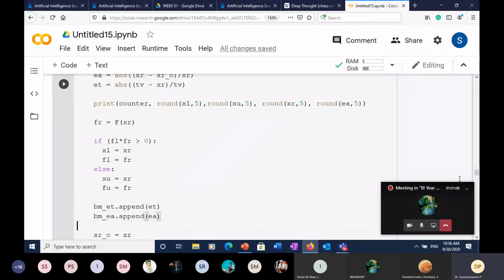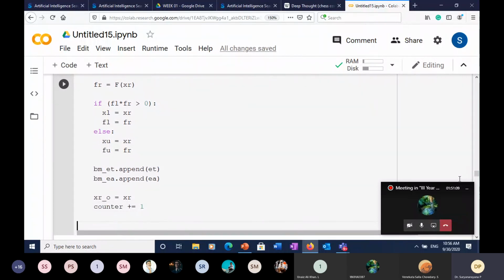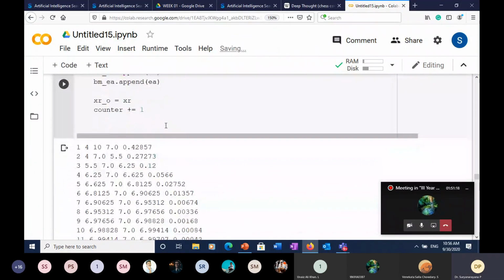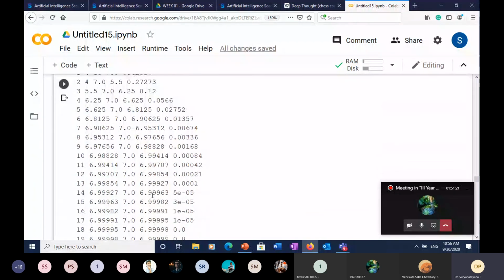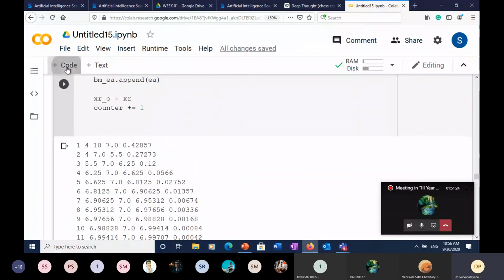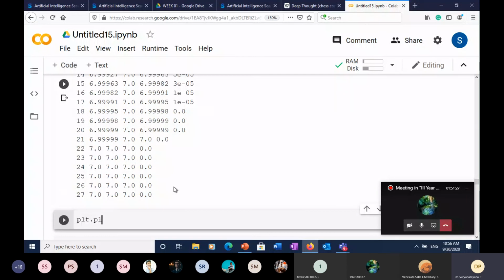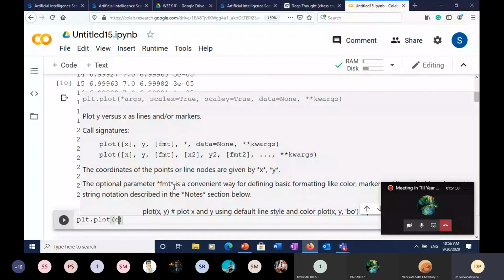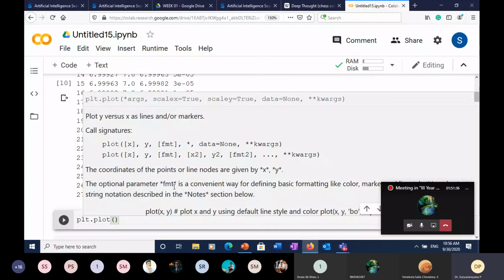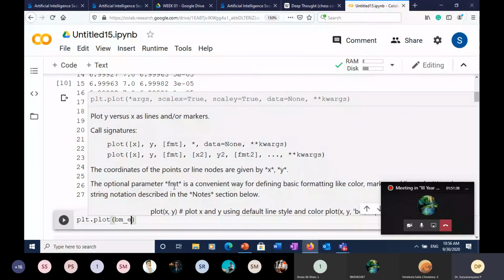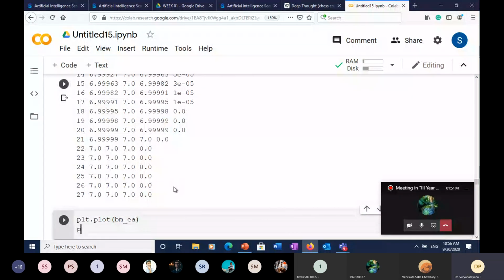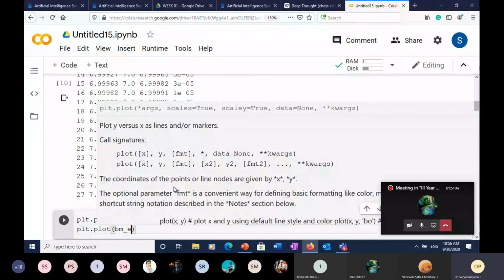So what this does is we are creating arrays. In the end, I'll tell you why I did that. We'll run this. Okay, so that is a table. What I can do now is plot both. plt dot plot, and I can use plot with only one argument also. Here I say bisection method EA, and plt dot plot bisection method underscore ET.